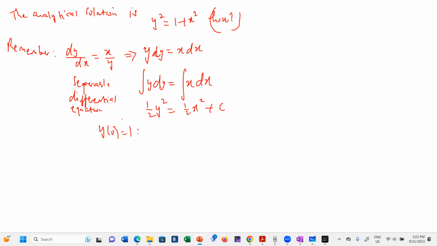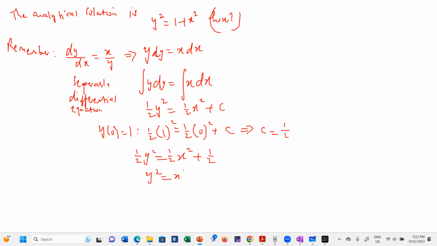For us to find the value of the constant c, goodness me, c is 1/2. So c is 1/2, you multiply through by 2. That is how we get the analytical solution.